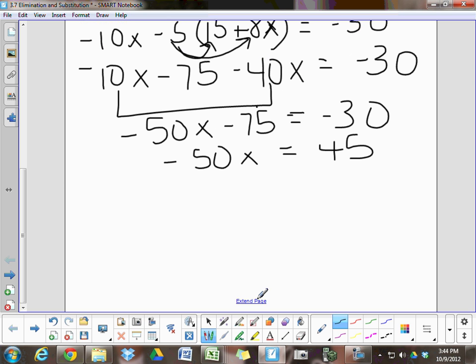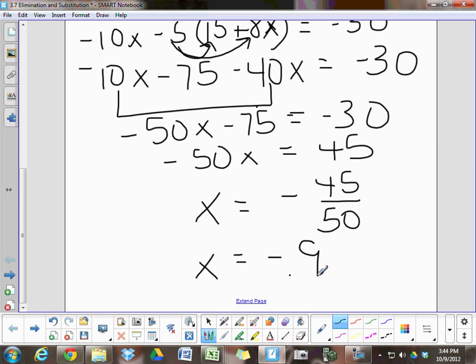And finally, we're going to divide both sides by negative 50, and you get negative 45 fiftieths, or negative 45 over 50, which would reduce to negative 9/10, as a decimal, negative 0.9. Okay, so that is the value for x that works in this equation, negative 0.9.